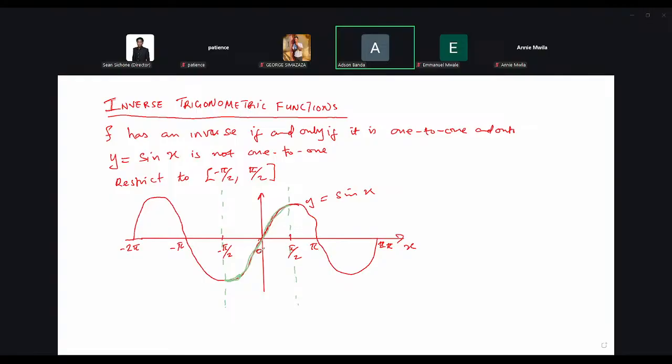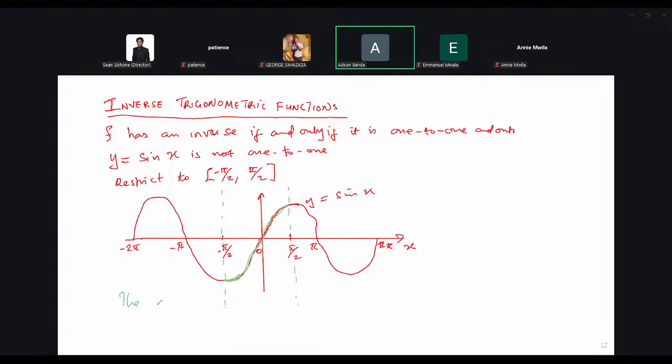Right, so once we do that, then of course, this function is 1-to-1. So in the restricted domain, the sine function is 1-to-1. We can define the inverse.